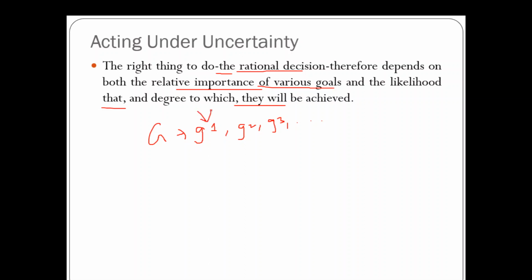How much importance you are giving for G1, for G2, how much weightage. Importance means we can call it weightage. How much weightage you are giving for G3 and the degree to which they will be achieved. So based on that the rational decision may change. So it all depends on the user's requirement. Fine.